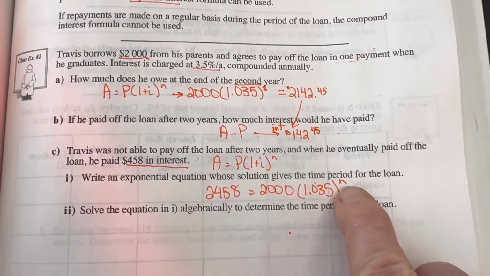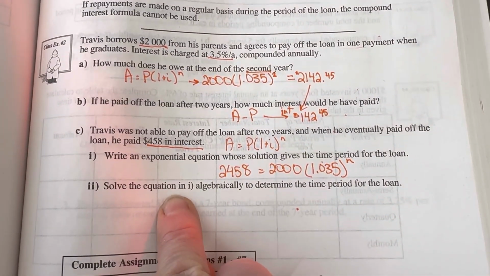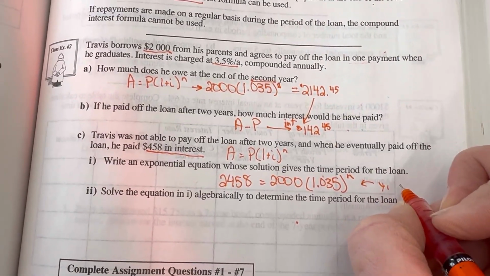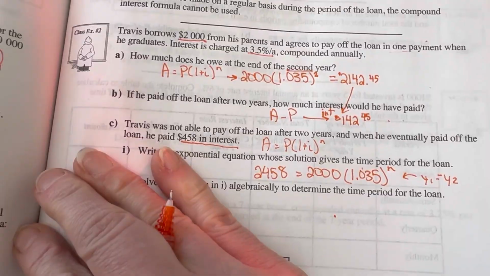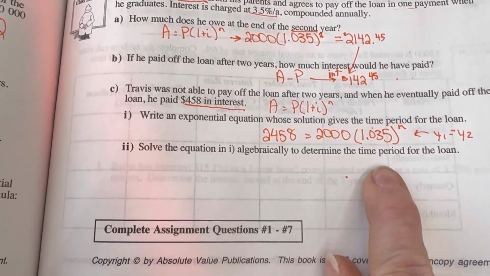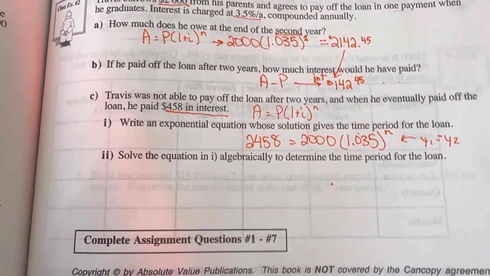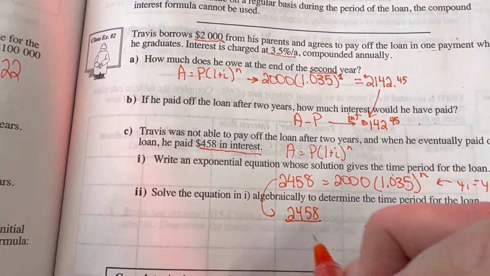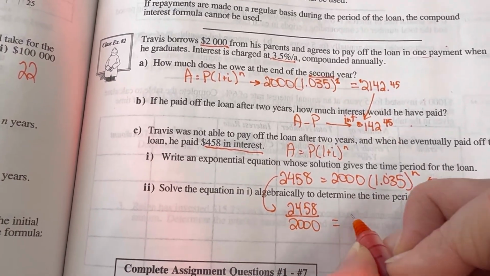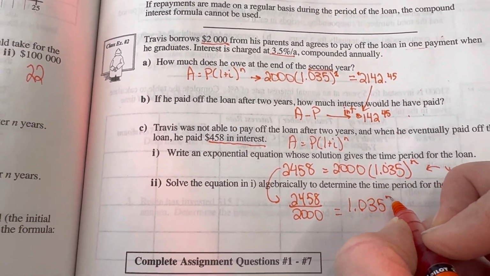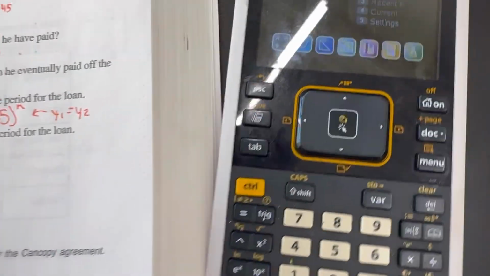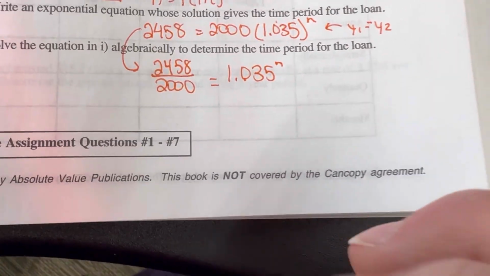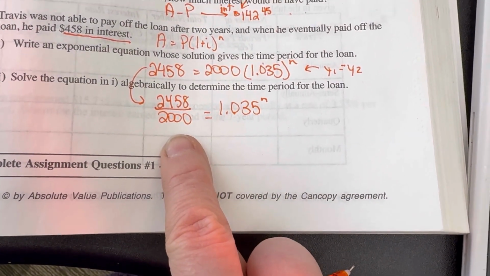Okay, so we know how to do this algebraically, or we know how to do it graphically. You would just use y1, y2 for this, but let's actually solve this algebraically. Different ways you could do it. You could take the log of both sides. I think I would just do, from here, 2458 divided by 2000 is equal to 1.035 to the n.